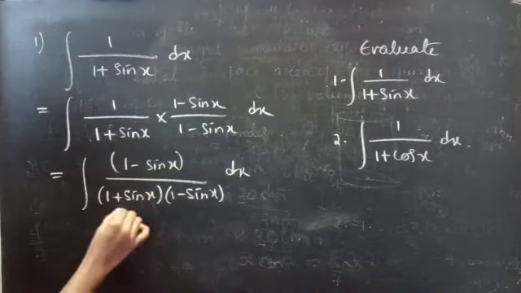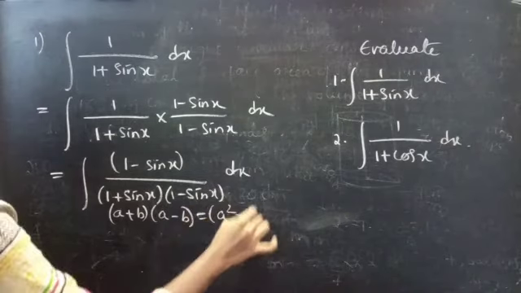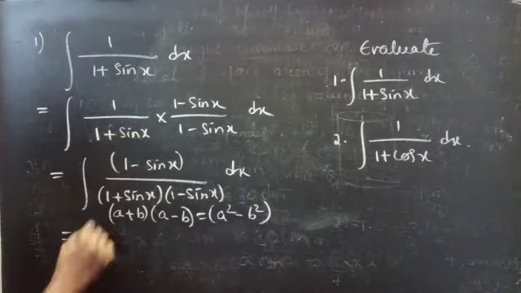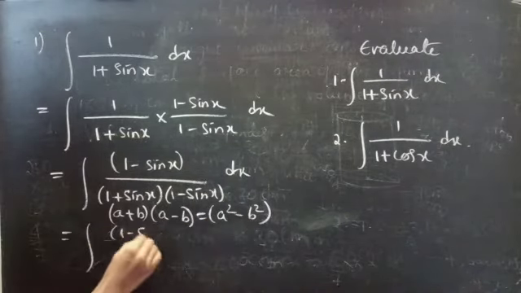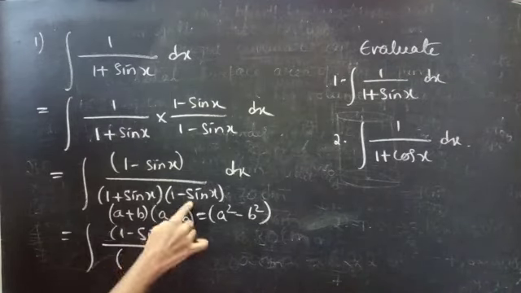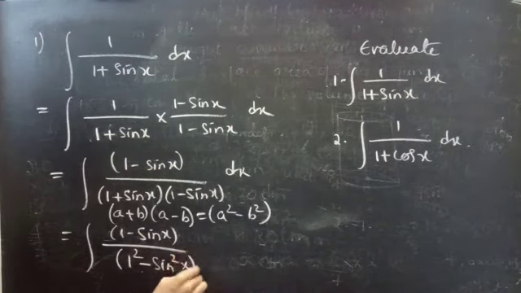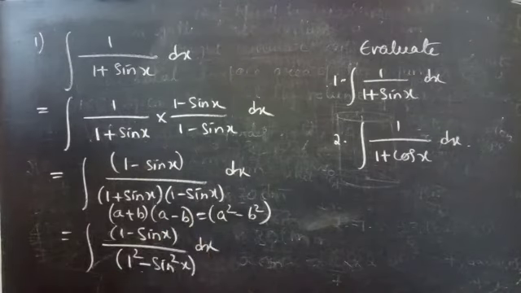This is of the form a plus b into a minus b, which equals a square minus b square. So this equals the integral of 1 minus sin x by a square minus b square, that is sin square x, dx.